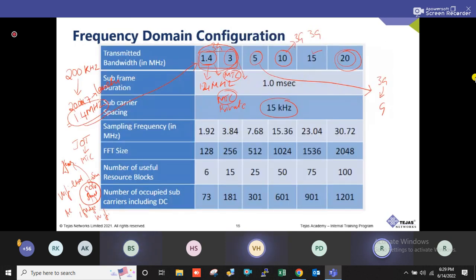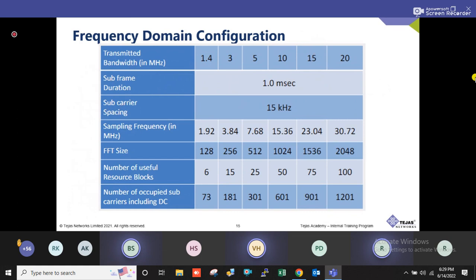So if you are clear with all these bandwidths, the only thing you need to remember is that the 15 kilohertz subcarrier spacing remains constant. The grouping of 12 subcarriers into 180 kilohertz also remains constant. Only the grouping changes. Here it will be totally 900 subcarriers.